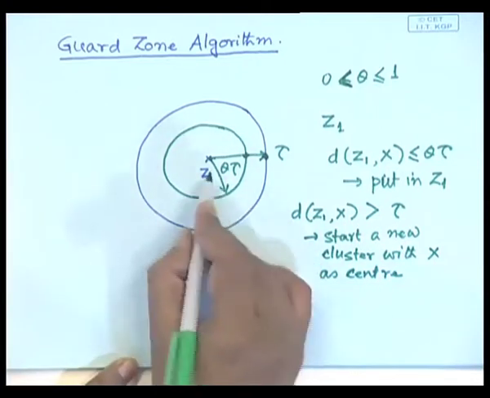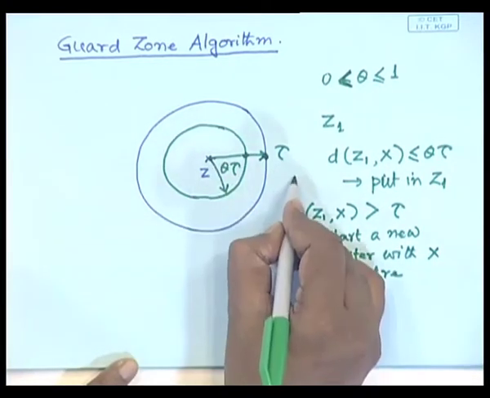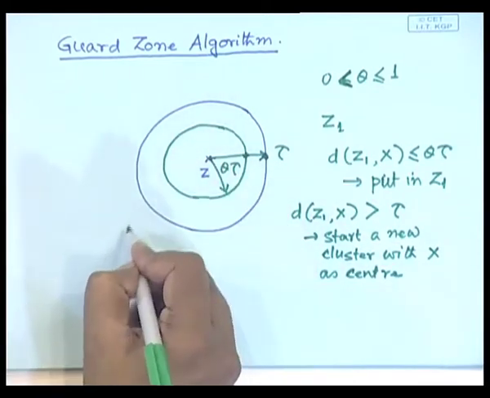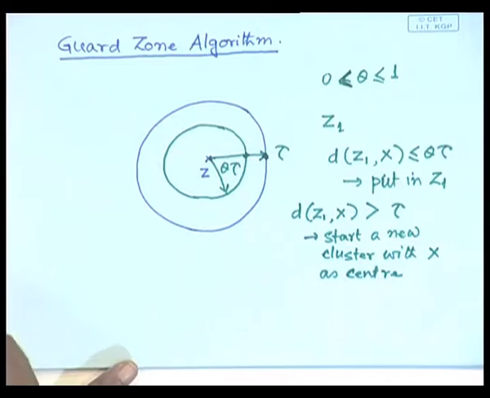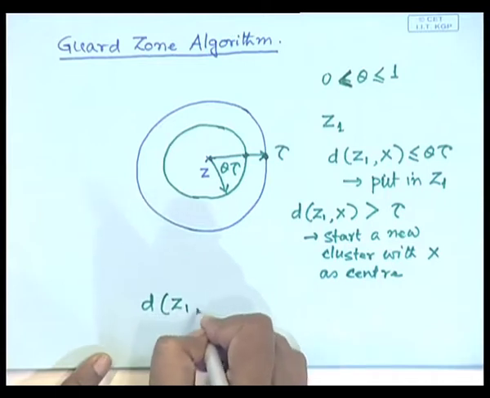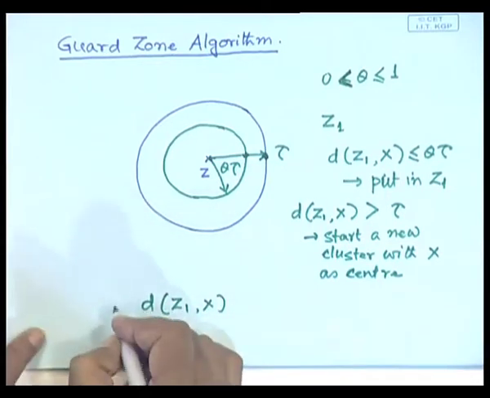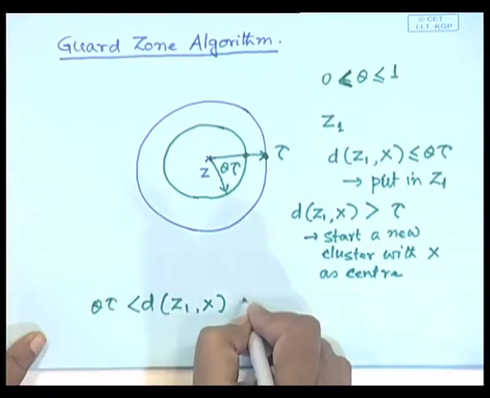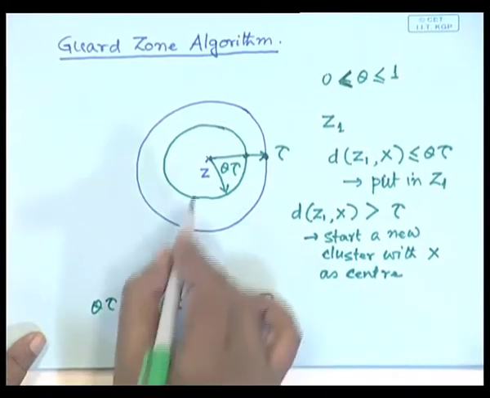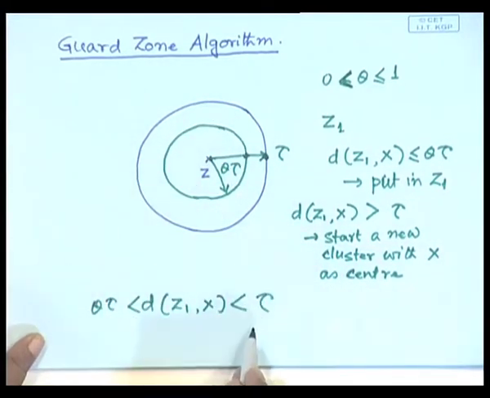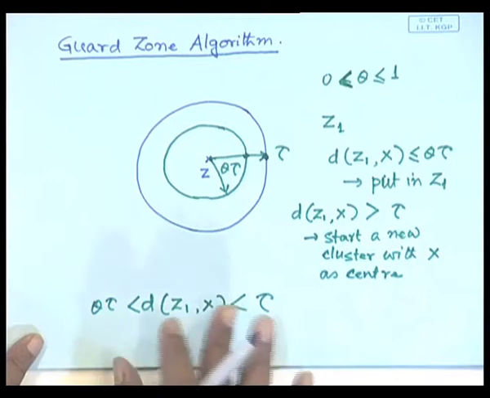So, that says that x is somewhere over here or somewhere over here, that is far away from Z. So, you start a new cluster with this x as the cluster center. Whereas, if the distance between Z1 and x is between theta times tau and tau, that means it is within this region, do not take any immediate decision about this, you keep the case pending.